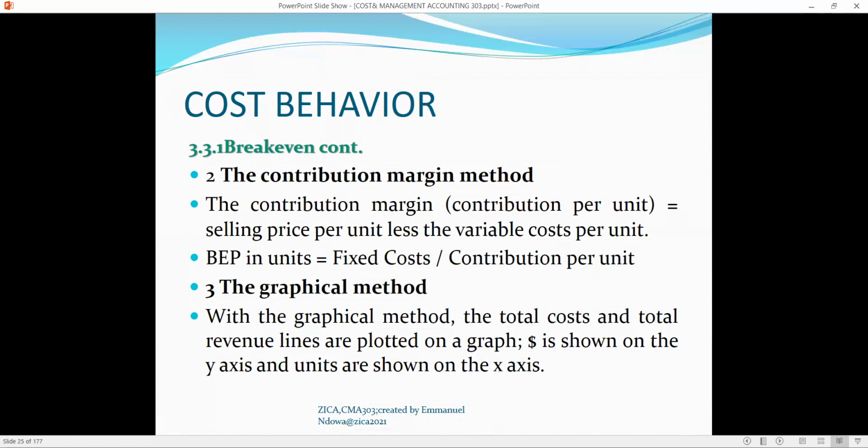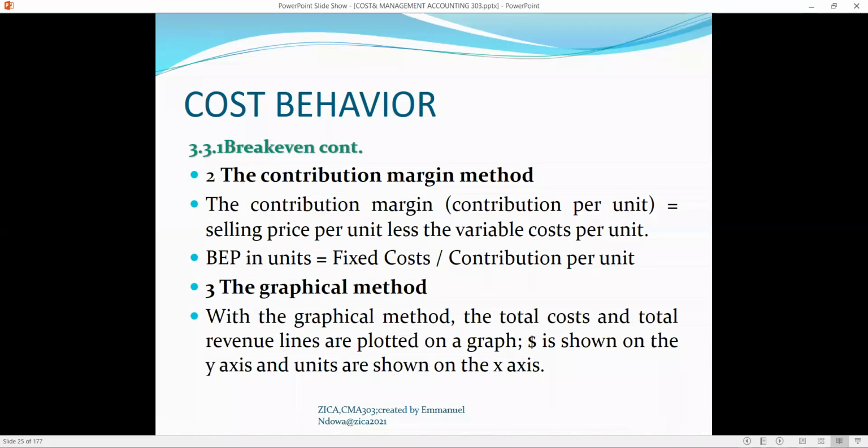We have covered the equation method and the contribution margin method. Is there anyone with a question before we move on to the graphical method, where you are going to see pictorially what the lines of revenue, variable cost and fixed cost look like on the graph?